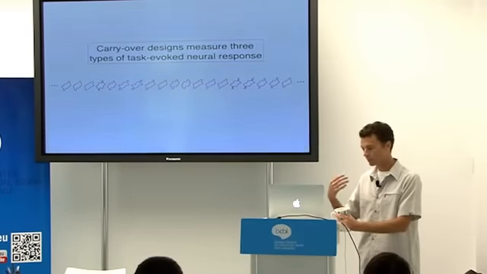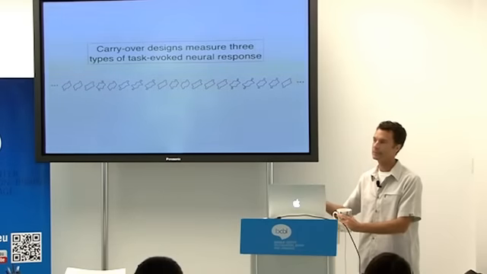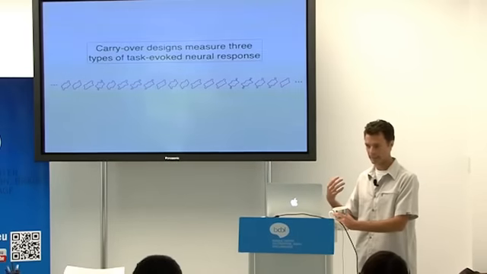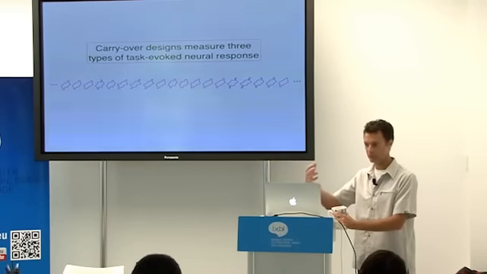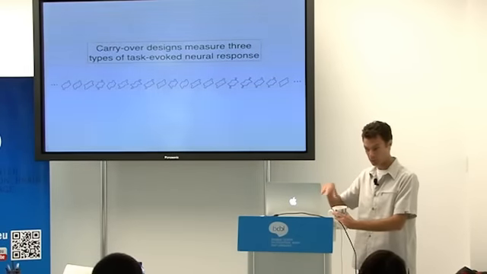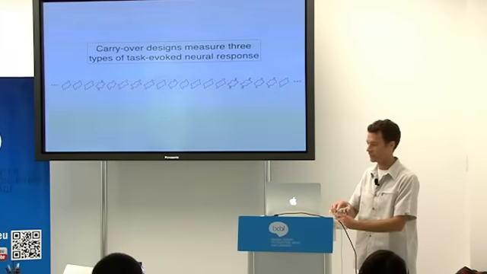I'm going to argue that there are three basic sorts of measures that you can get out of fMRI data in response to stimuli and tasks, and that I'm going to present a type of experiment that is sensitive to all three of these sorts of measures, that can measure all three simultaneously.